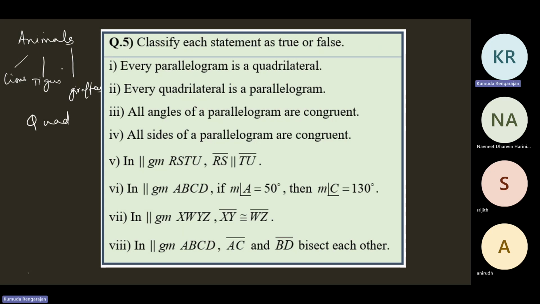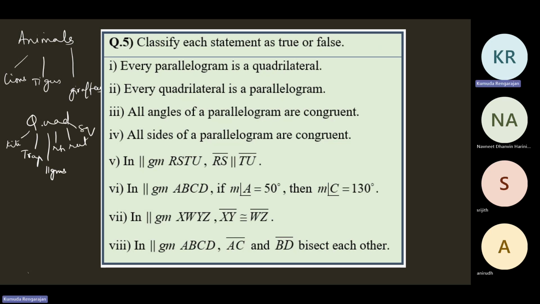Any 4-sided polygon is a quadrilateral. So like animals, we have quadrilaterals. And in quadrilaterals, we have kite, trapezium, parallelograms, rhombus, rectangle, square.